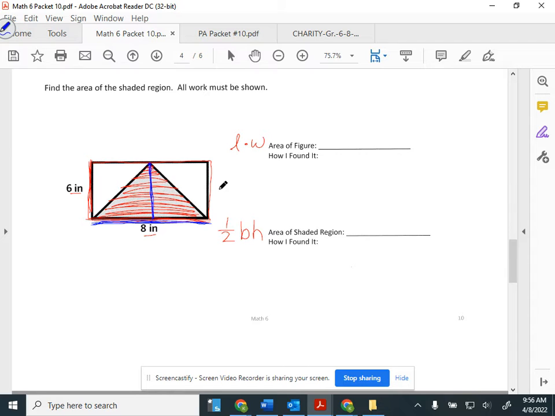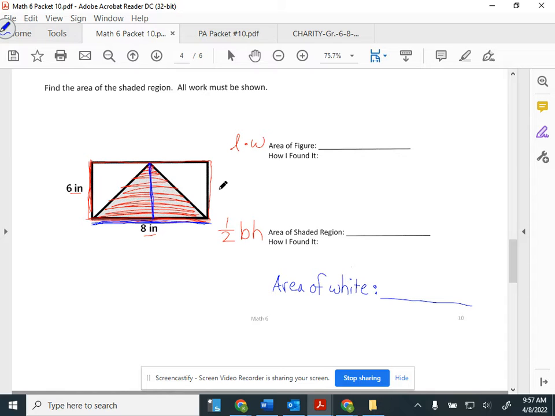I'm going to give us a challenge because that was pretty easy. I want you to tell me the area of the white. It's really not that challenging if we know the area of the figure and the area of the shaded. Take it one step further and tell me the area of the white. 24, right?